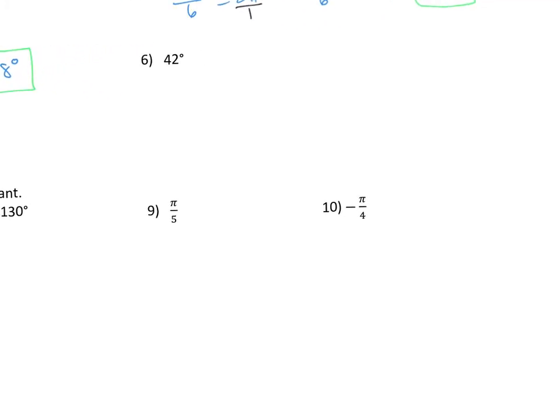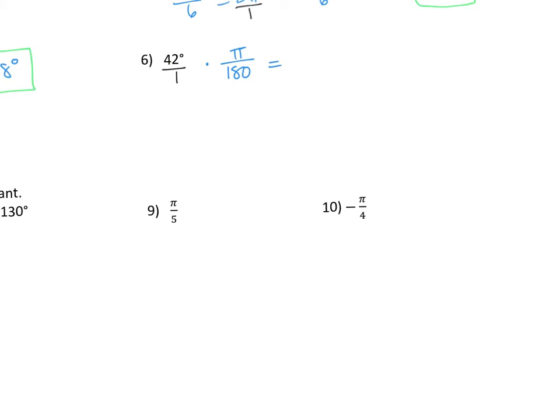Moving on to this one here. This one is in degrees. So if you want to cancel out that degree sign, the 180 needs to be on the bottom this time because 180 is in degrees, and pi needs to be on top. When you're multiplying this out, it might be helpful if you put the 42 over 1. Some people just like to be able to multiply straight across.